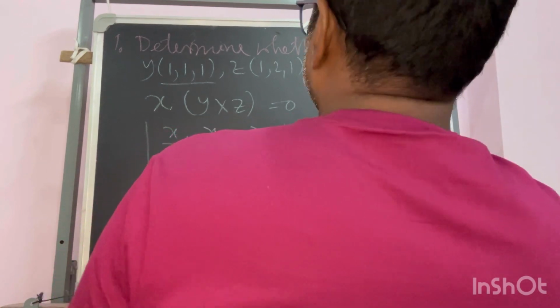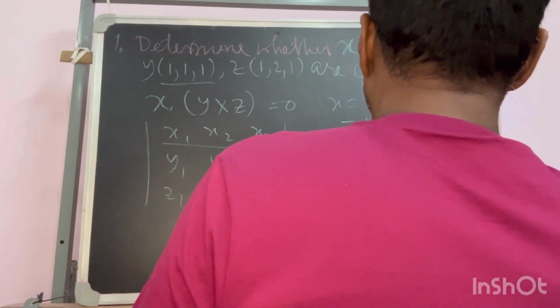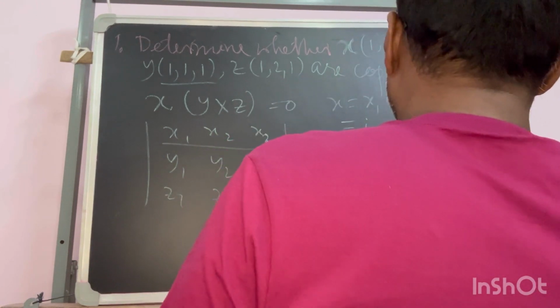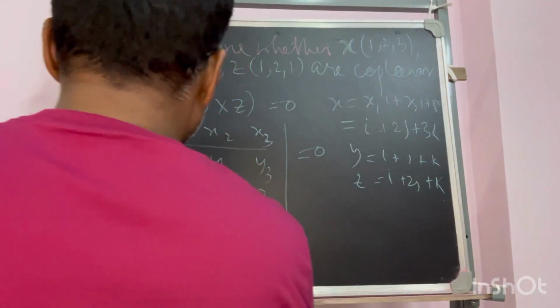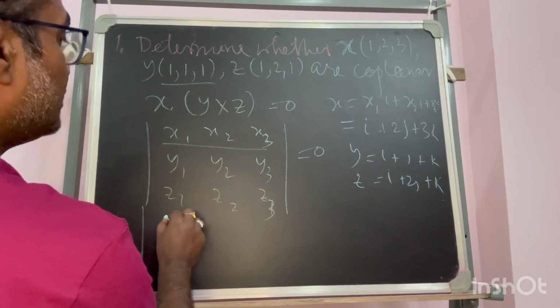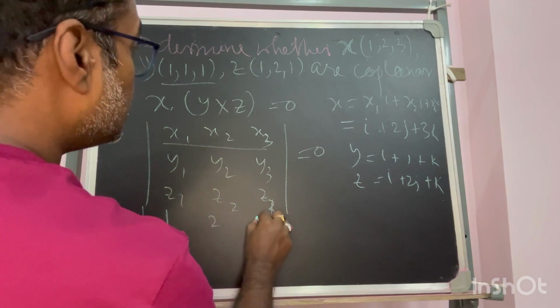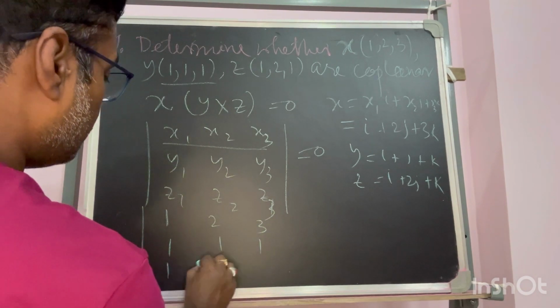Similarly, y is i plus j plus k, and z is i plus 2j plus k. So now put these values here: 1, 2, 3, 1, 1, 1 and 1, 2, 1.